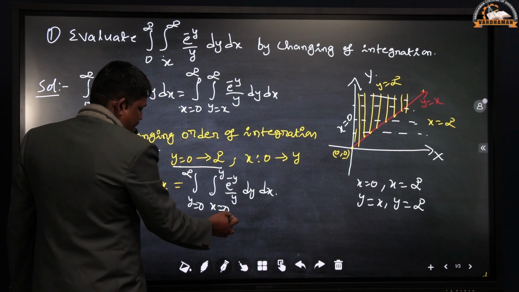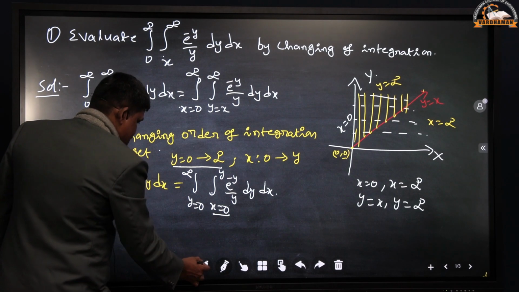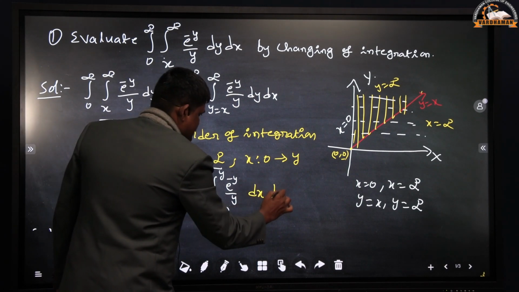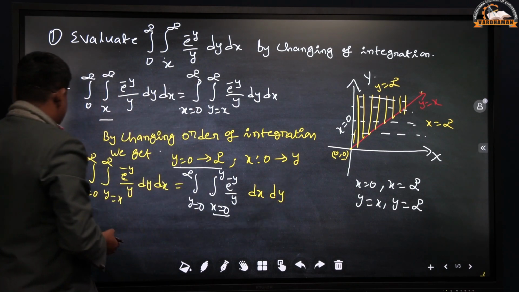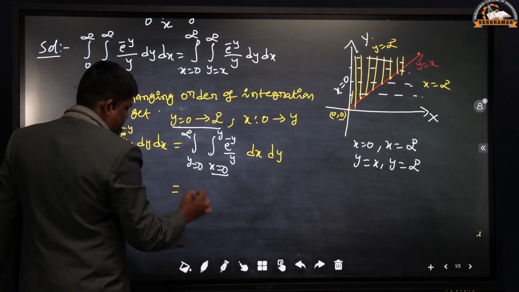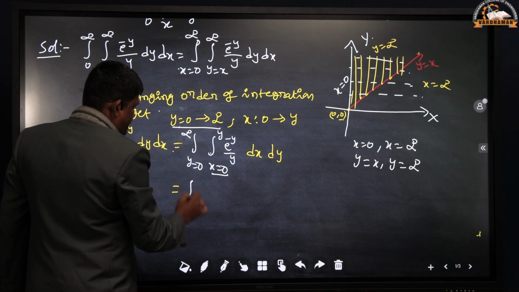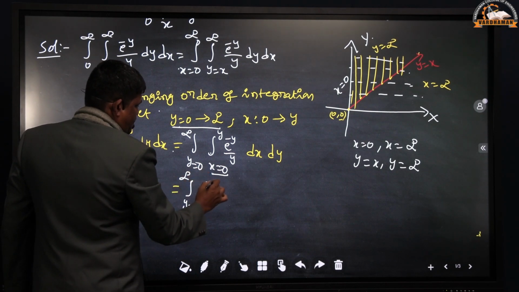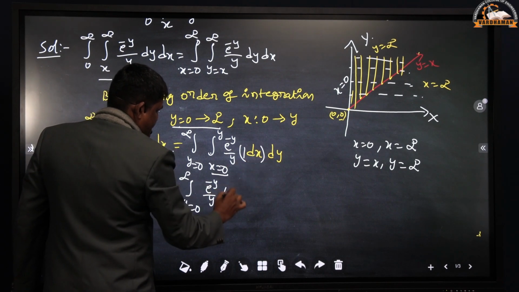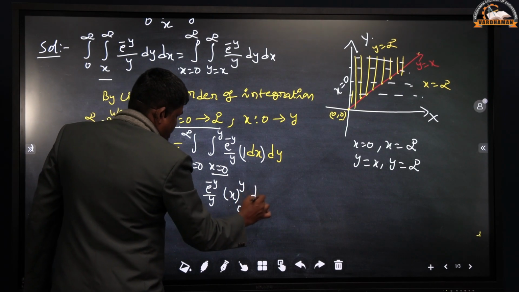When x is there, you will get dx, so just a minute, you can change this to dx dy. Okay, this is dx dy. Now evaluate this integration. First with respect to x, you get the integral y from 0 to infinity of e power minus y by y, integrating 1 dx, you get x, and x limits are 0 to y, dy.